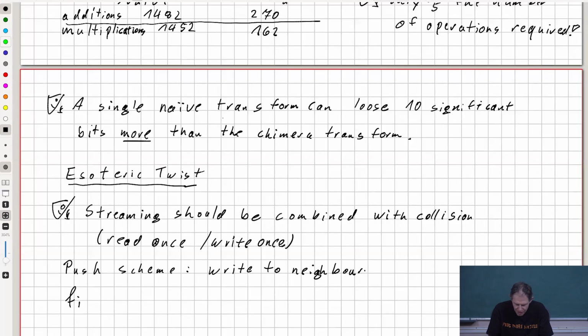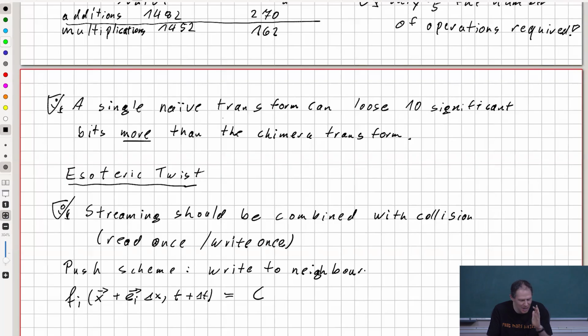So we have f_i at x and we go to x plus e_i delta x, so we go to the neighbor in the next time step.